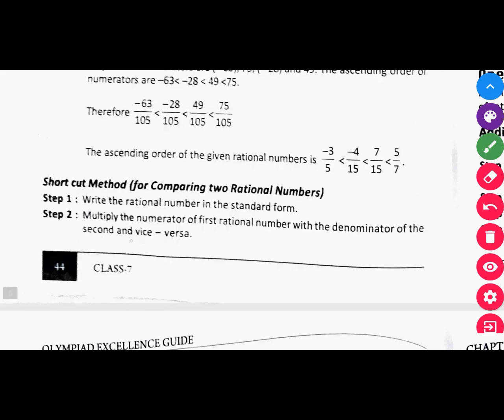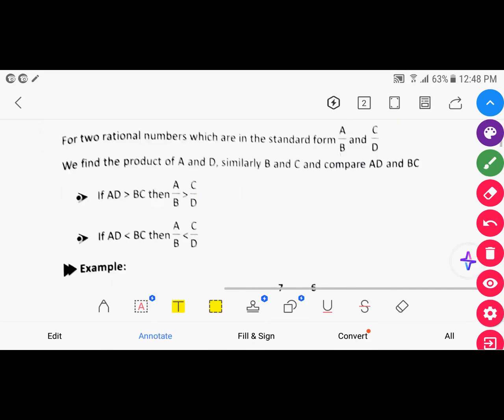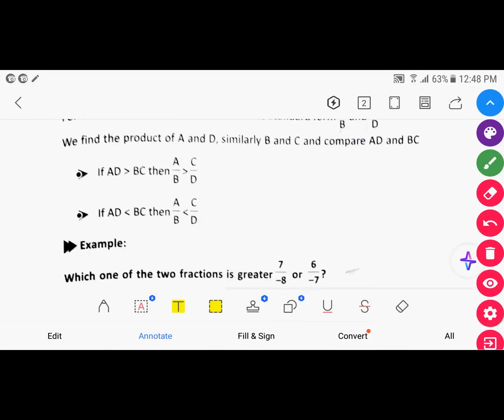Shortcut method is also there. Write the rational number in a standard form, means denominator should be positive. Multiply the numerator of the first rational number with the denominator of the second, and vice versa. This is when we compare between two rational numbers only.